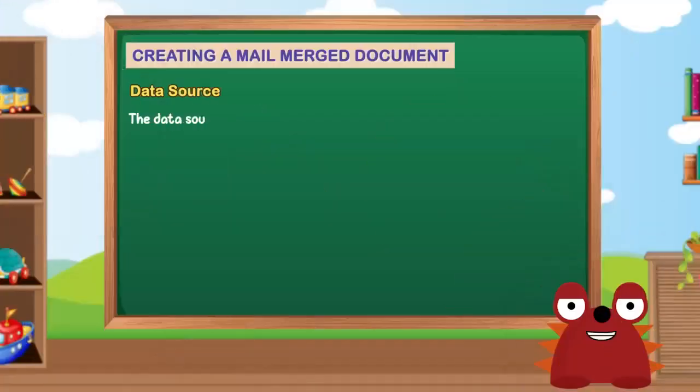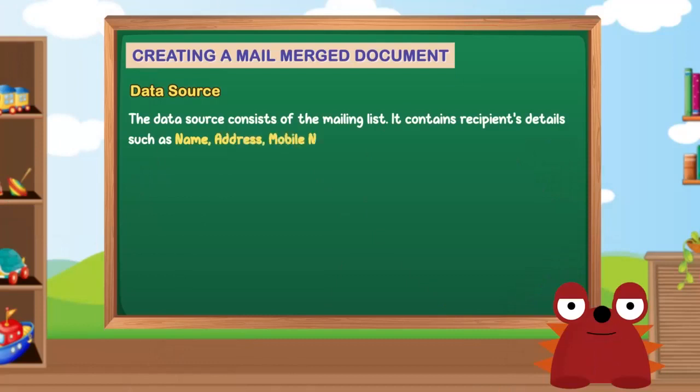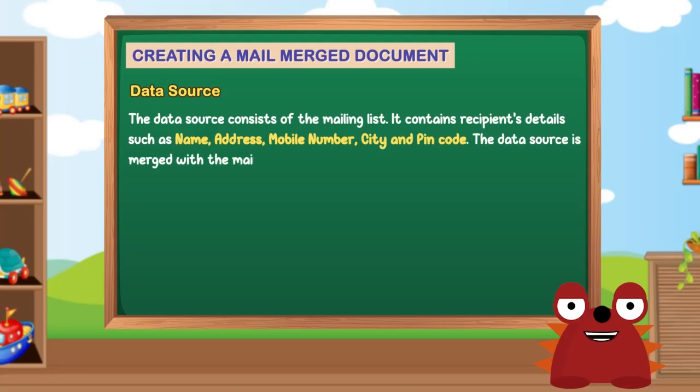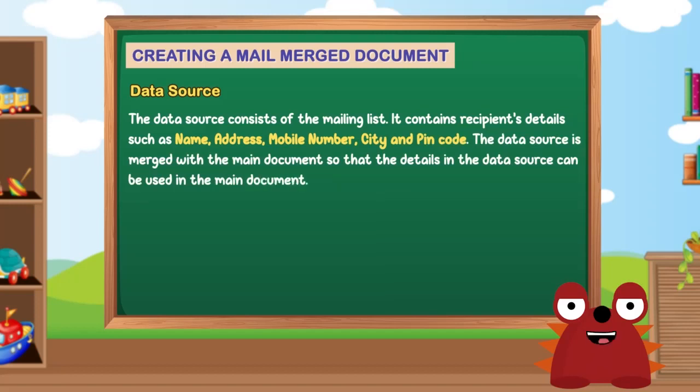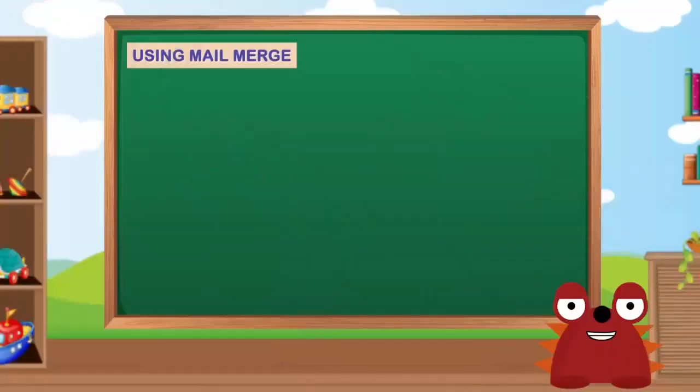And the data source consists of the mailing list. It contains the recipients' details such as name, address, mobile number, city, and PIN code. The data source is merged with the main document so that the details in the data source can be used in the main document.